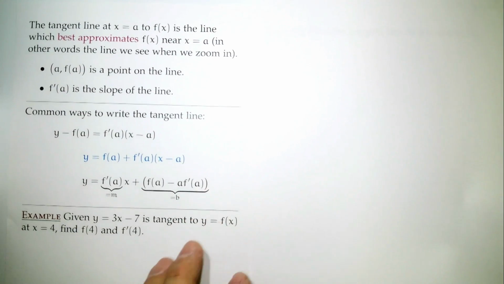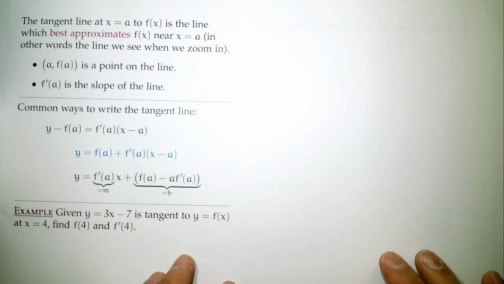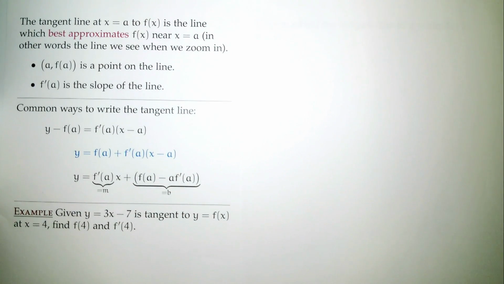Now, some side notes here. The tangent line, that part that you see when you zoom in, it's really important to get the following idea. It's what the function looks like. And so a nice way to think about what the tangent line is, it's the best line, in the sense that it's the line which is best mimicking the function.